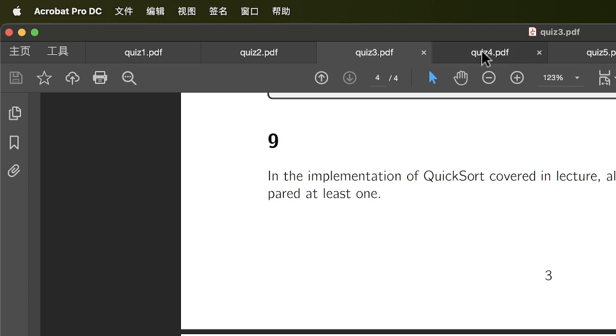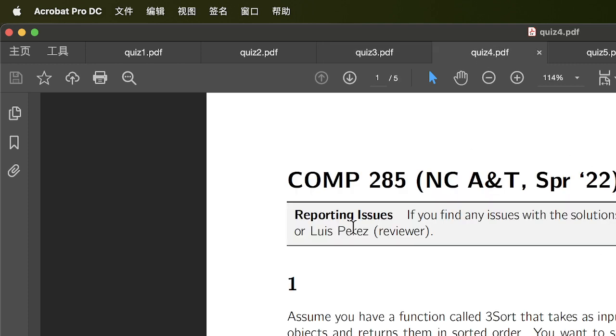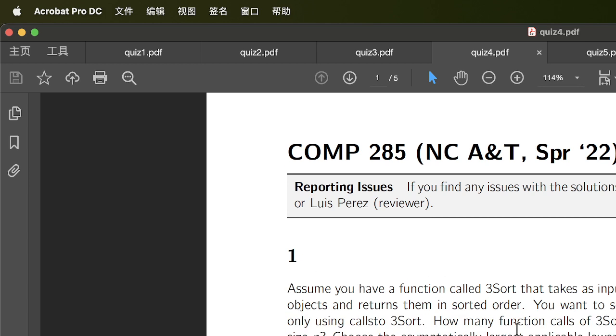So, okay, quiz 4. Assume you have a function called threesort that takes as input an array of size 3 of comparable objects and returns them in sorted order. You want to sort an array of n objects, with n bigger than 3, only using calls to threesort. How many function calls to threesort are required to sort an array of size n?